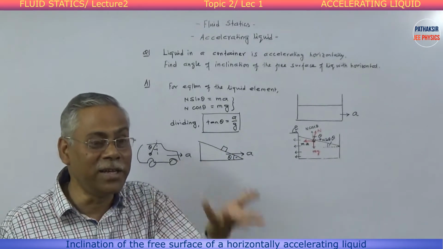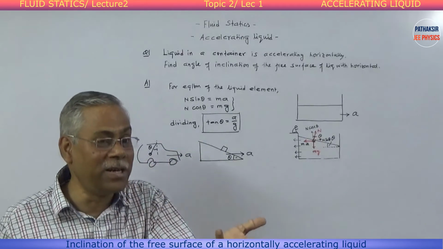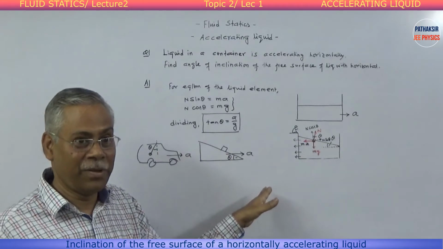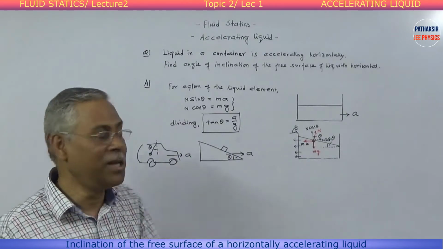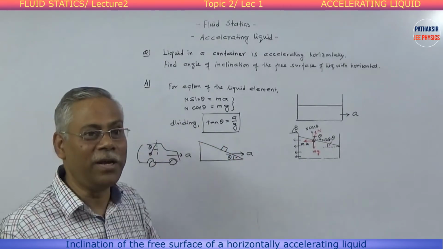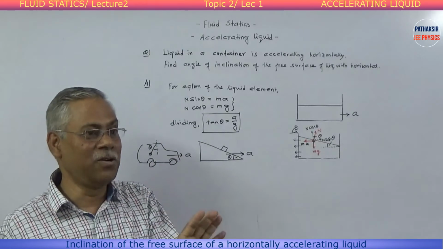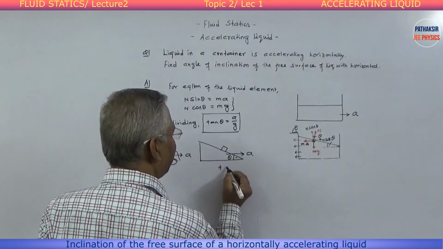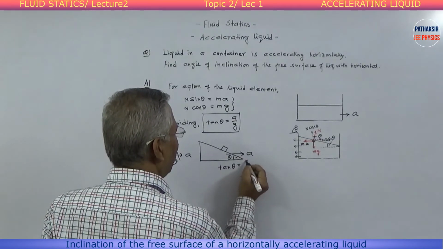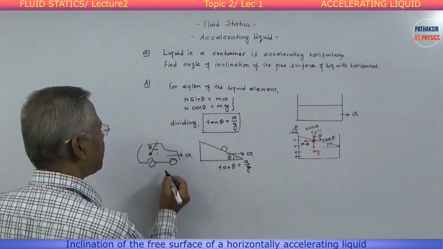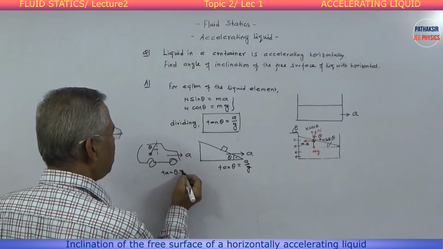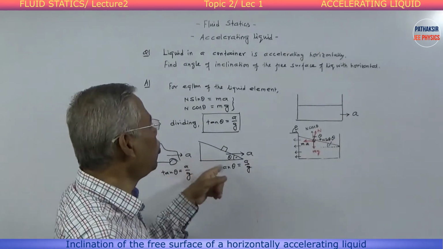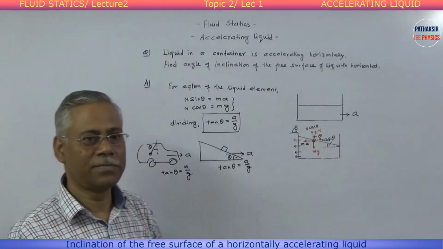Or for what minimum acceleration A the block will start falling downward. For what maximum acceleration A the block will start going upward. The answer is the same: a equal to g tan theta. Okay. So these are 2 and this is the 3rd.